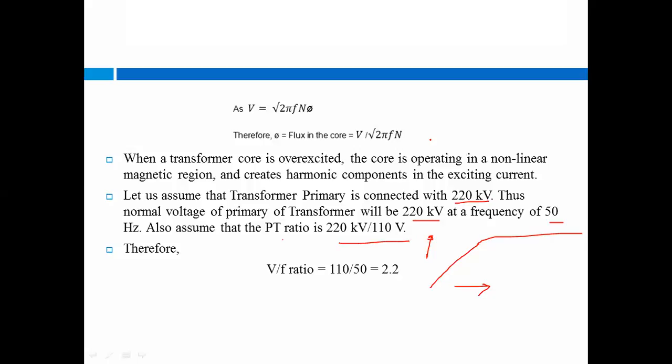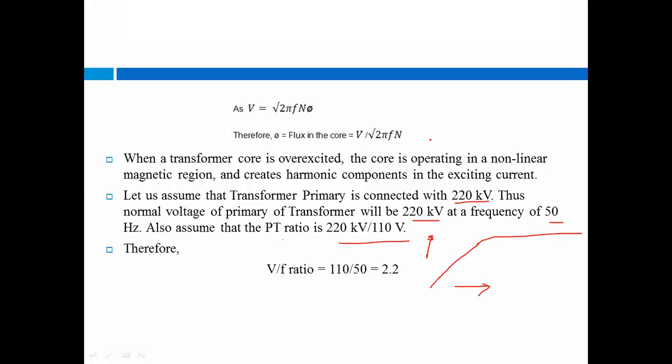When we are using current transformers, the secondary side current is 5 ampere, and when we are using potential transformers, the potential is 110 volt. So this is a 220 kV transmission line. By using the potential transformer, we are reducing the voltage to 110 volt only. Therefore this V by F ratio is 110 volt divided by the frequency of 50 hertz.